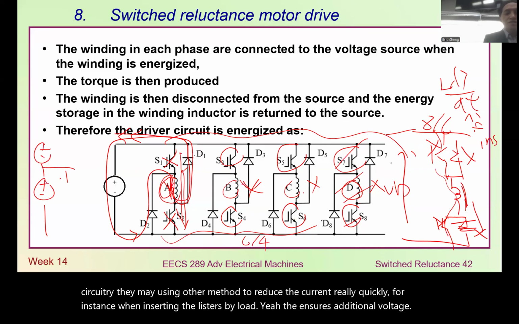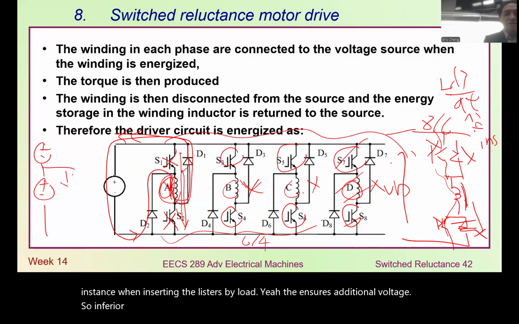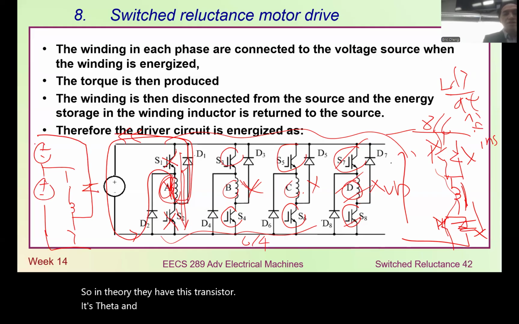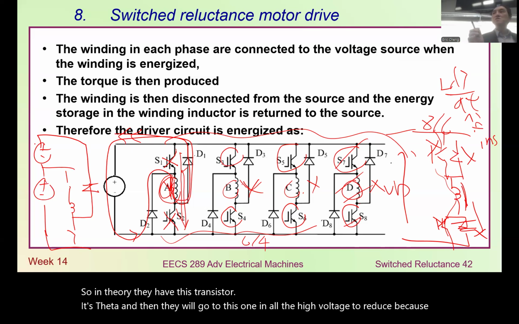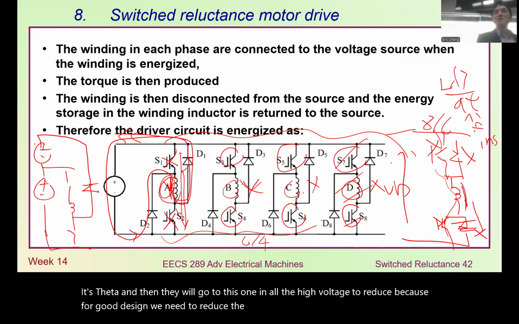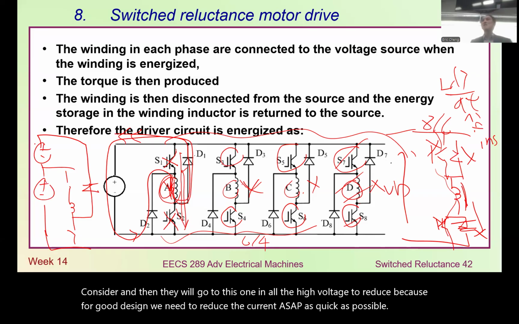In theory, they have this transistor. See here? And then they go to the high voltage to reduce the current, because for good design, we need to reduce the current as quickly as possible. So there are many designs in here.